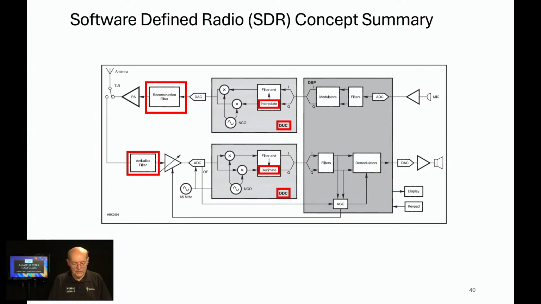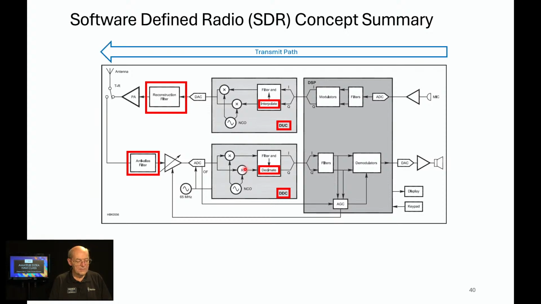So we're going to show an overview and then move on to this I and Q technology. There's a few little blocks here that we've talked about already. Remember, we've got a reconstruction filter. We've talked about that. Something called interpolation, decimation. Trying to tie some of this together for us.